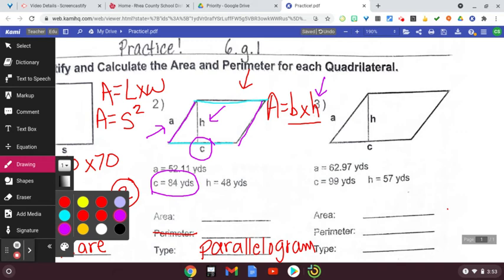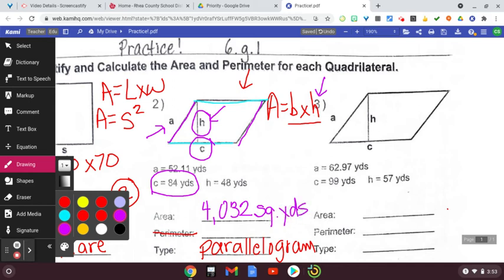You're standing up nice and straight. So the two things that we are going to go ahead and multiply are your H and your C. So when you do that, you get 4,032. And I'm going to use the square yards.